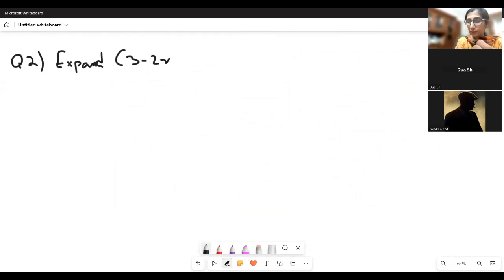Expand (3 minus 2x) power 5 up to x squared.